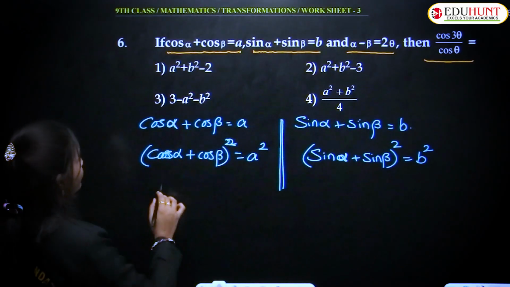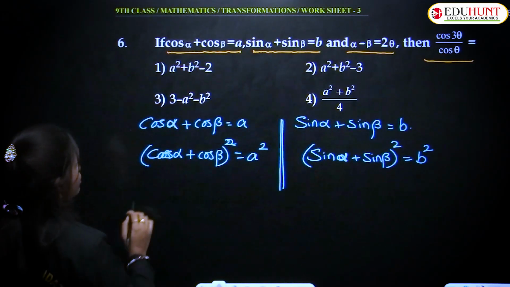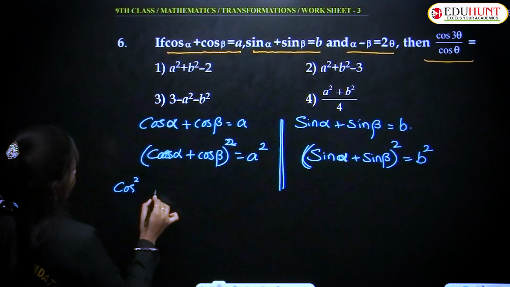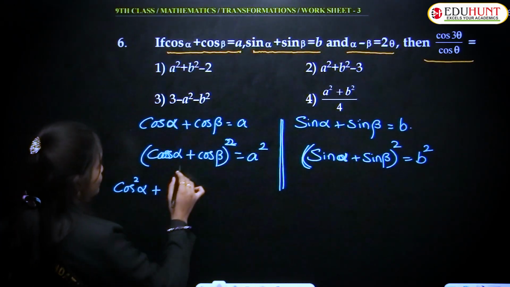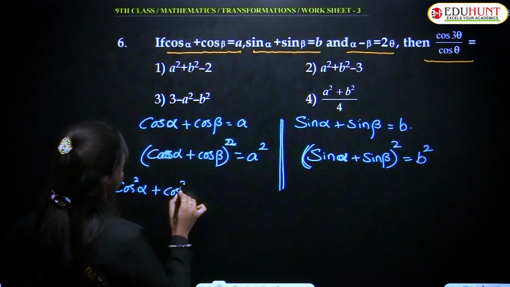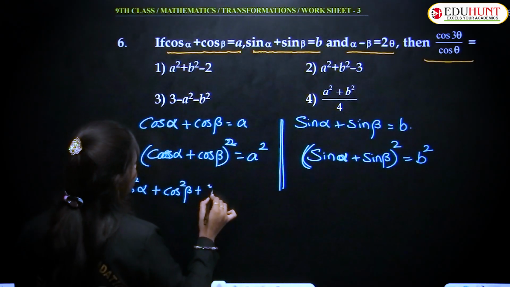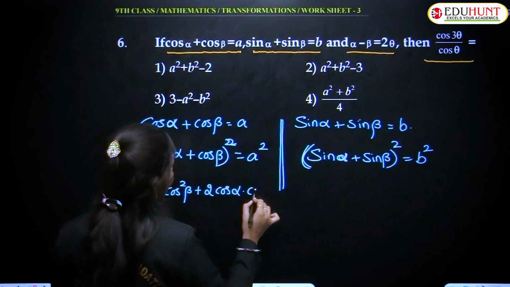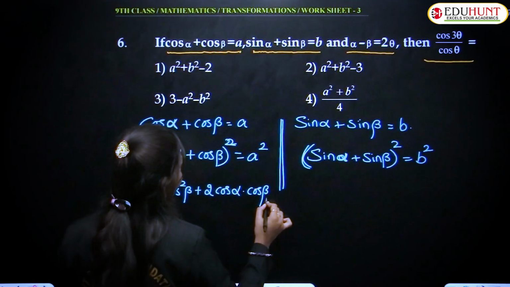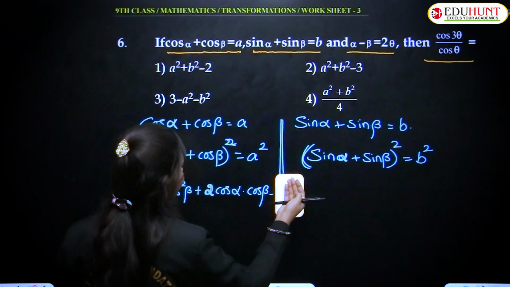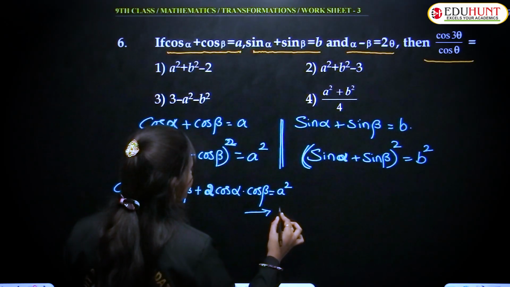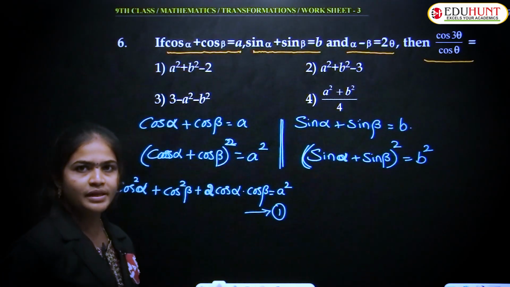Now the (a plus b) whole square formula. So (a plus b) whole square means a square, which means cos square alpha, plus b square, cos square beta, plus 2 cos alpha into cos beta, which is equal to A square. So this is equation number 1. Am I clear?